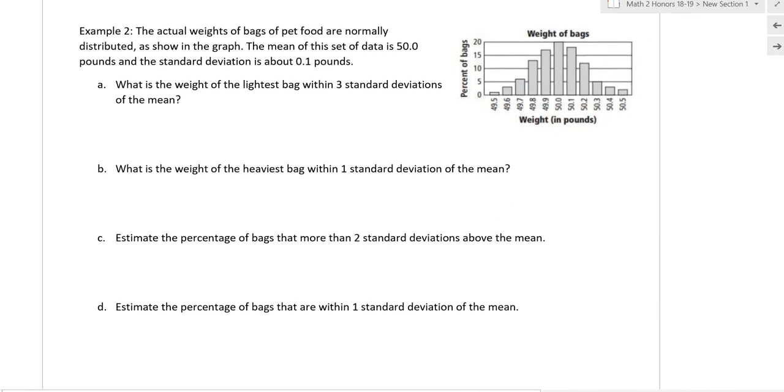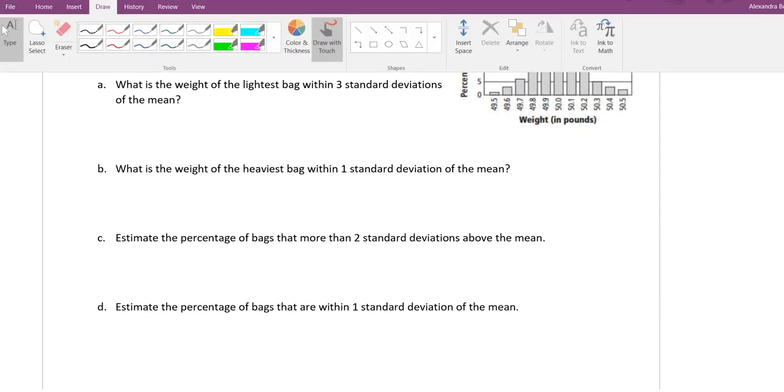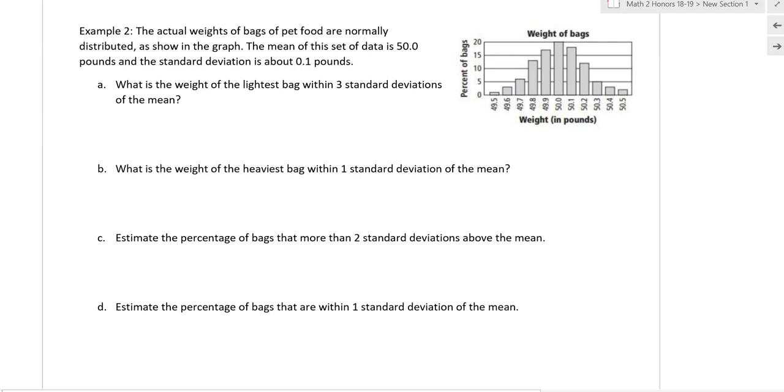Okay, the actual weight of bags of pet food are normally distributed, as shown in the graph. The mean of this set of data is 50 pounds, and the standard deviation is about 0.1 pounds. What is the weight of the lightest bag within 3 standard deviations of the mean?